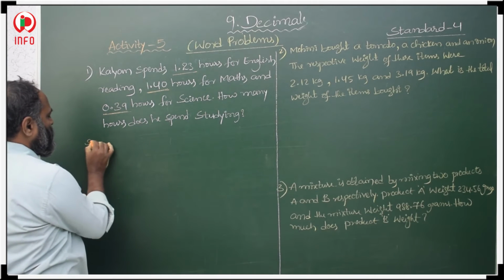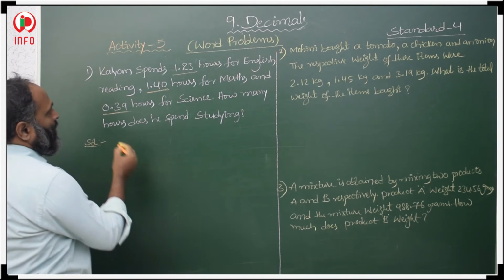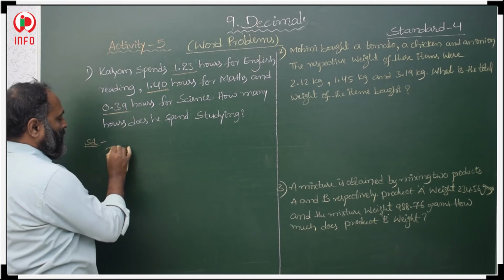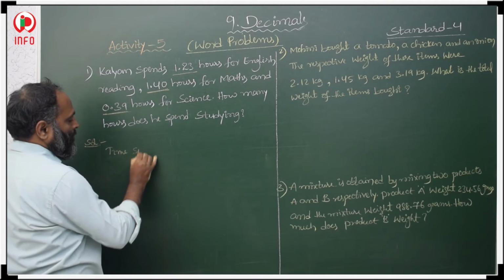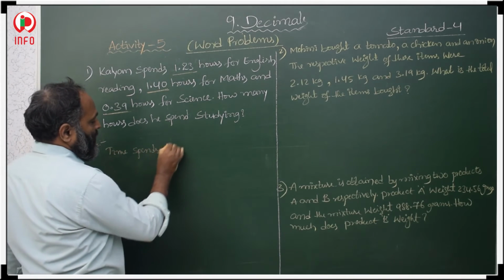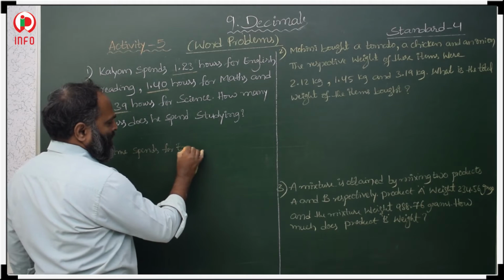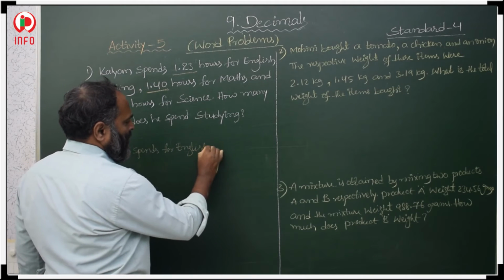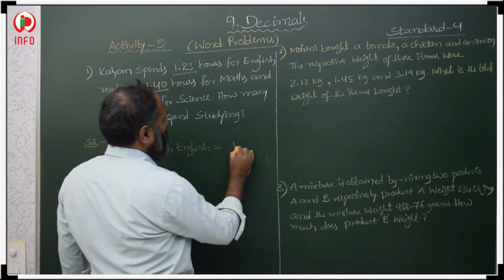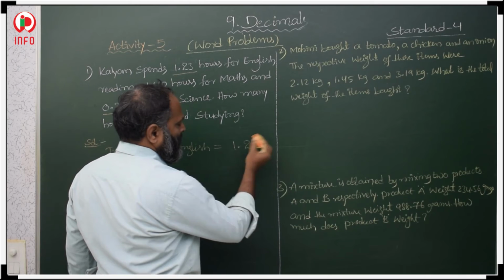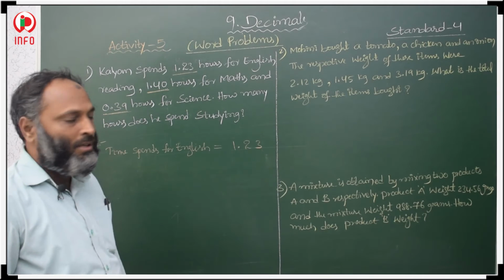First, time spent for English. How much time does he spend? 1.23 hours.